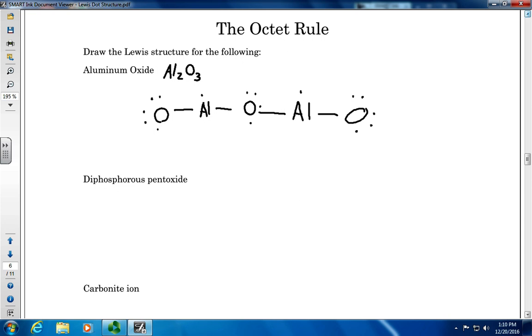And we don't like lone pairs, so let's just go ahead and get rid of some of those. Didn't want to erase the oxygen, but we're just going to make a double bond there. And let's get rid of the double bond here.